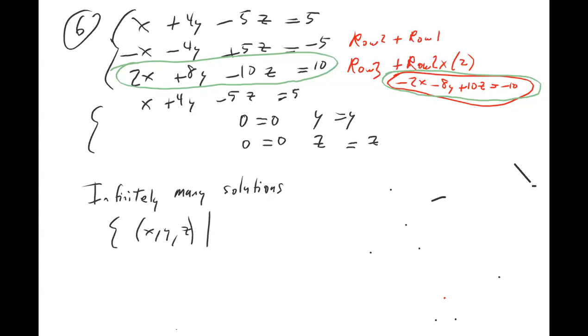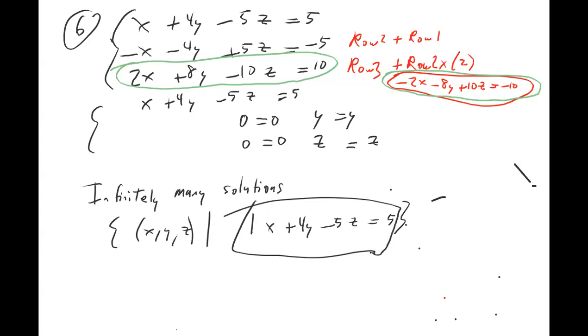It could be only any numbers which satisfy the equation x plus 4y minus 5z equals 5. So that's kind of a strange looking solution, but the solution could be any points on the graph of the plane, x plus 4y minus 5z equals 5.